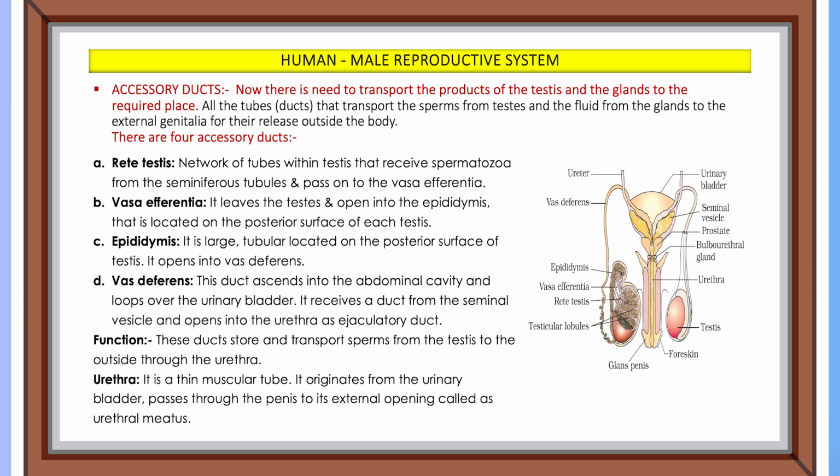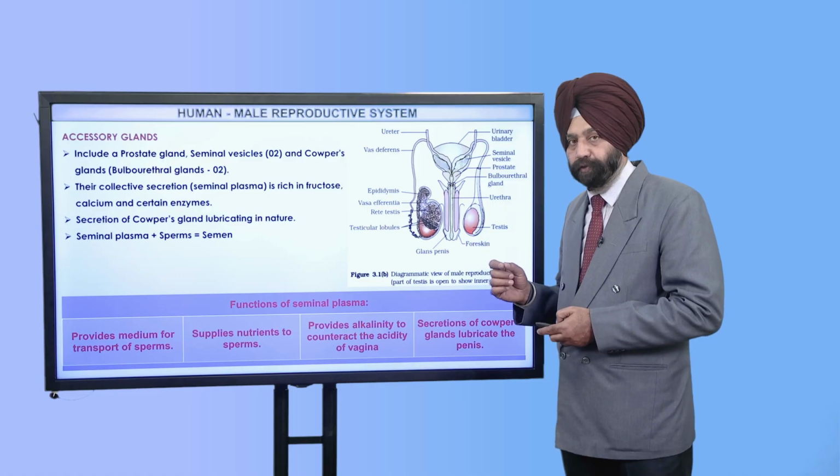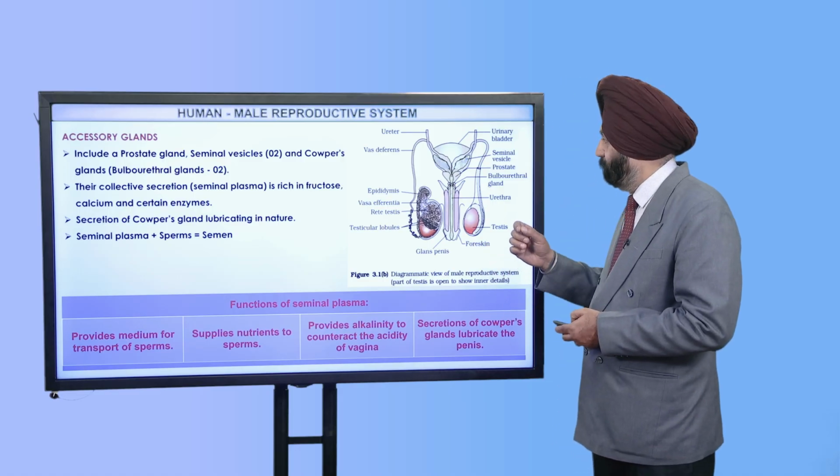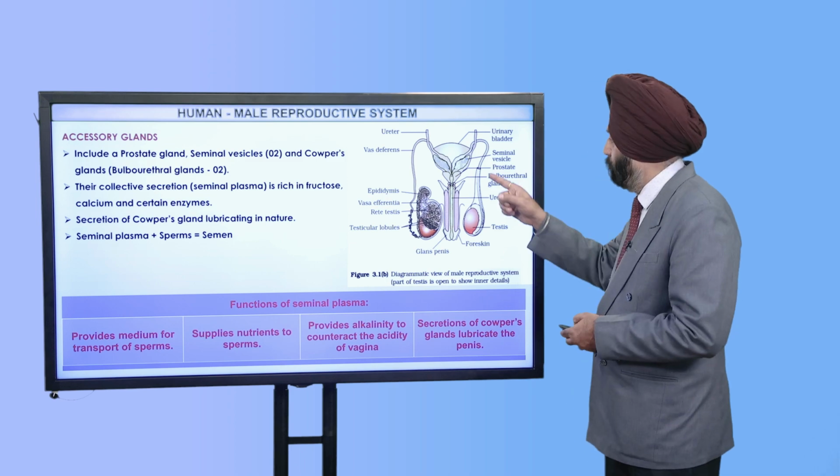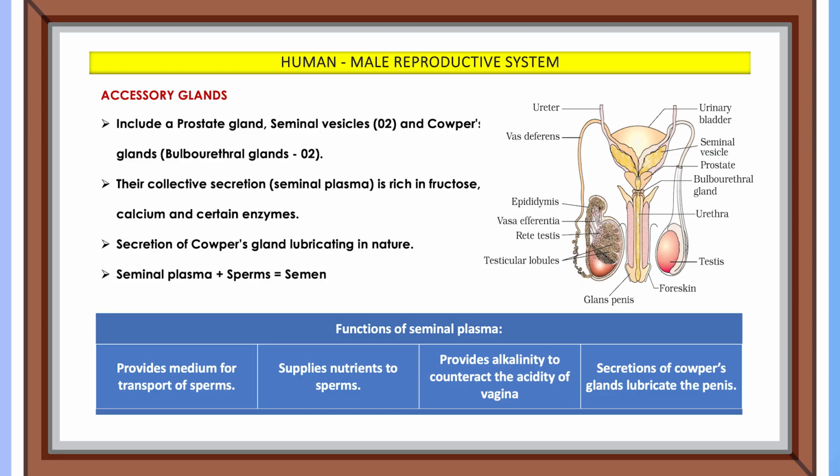Now the last is the urethra. Urethra is a thin muscular tube. It originates from the urinary bladder and passes through the penis to the external opening called the urethral meatus. Now we shift on to accessory glands. They consist of a prostate gland, seminal vesicles, and two small bulbourethral or Cowper's glands.